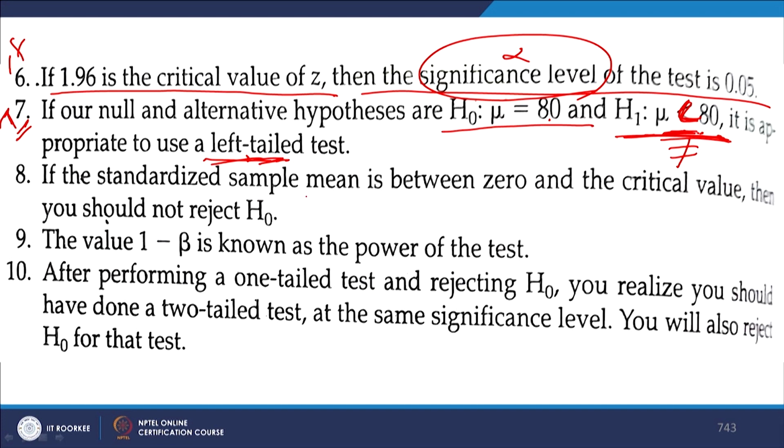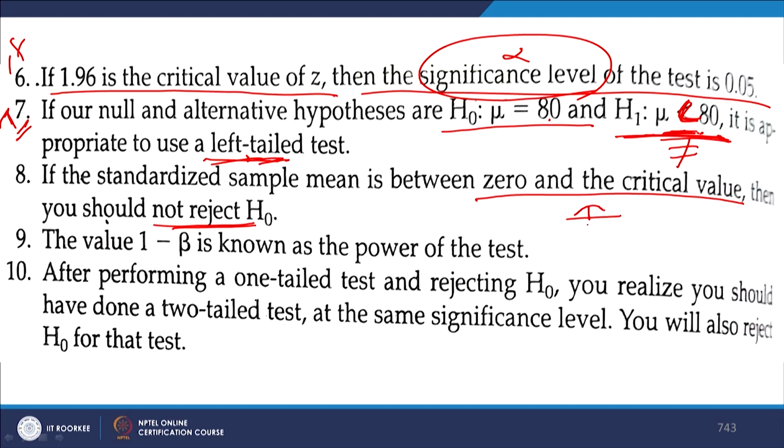If the standardized sample mean is between 0 and the critical value, then you should not reject the null hypothesis. It means there is a situation like this.